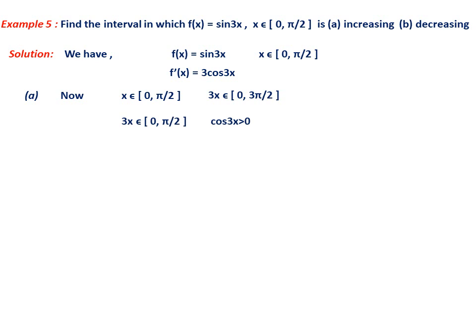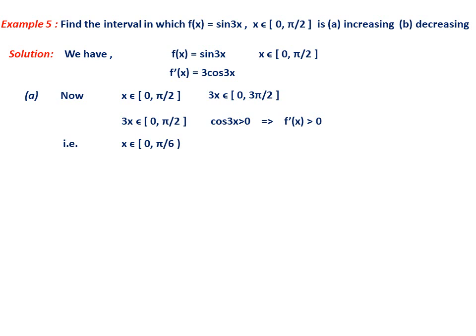Therefore, when 3x belongs to 0 to pi by 2, that is the first quadrant, cos 3x is positive. So this implies f dash x is positive. So that is whenever x belongs to 0 to pi by 6, because 3x belongs to 0 to pi by 2 implies x belongs to 0 to pi by 6.